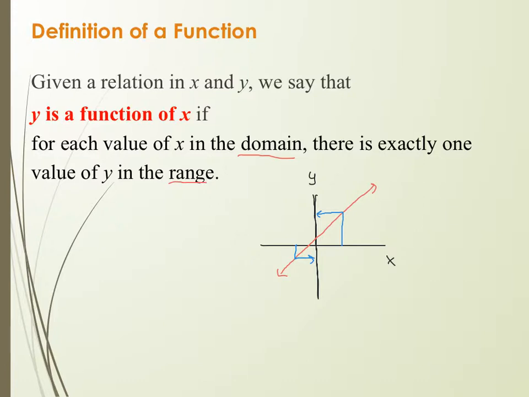This means that for each x, there's exactly one y. So in this case, we have a straight line, which is in red, over the xy axes, and we see that for each value of x in our particular line, there's only one value of y.